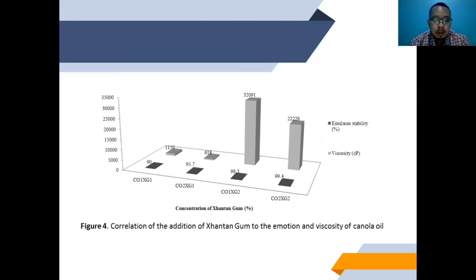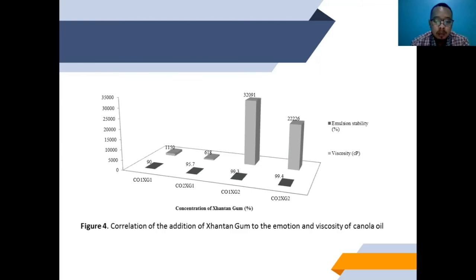And Figure 4, correlation of the addition of xanthan to the emulsion stability and viscosity of canola oil. The correlation shows that increased concentration of xanthan increases the stability value of the emulsion and viscosity, because xanthan has properties not only as an emulsifier but also as a thickener.